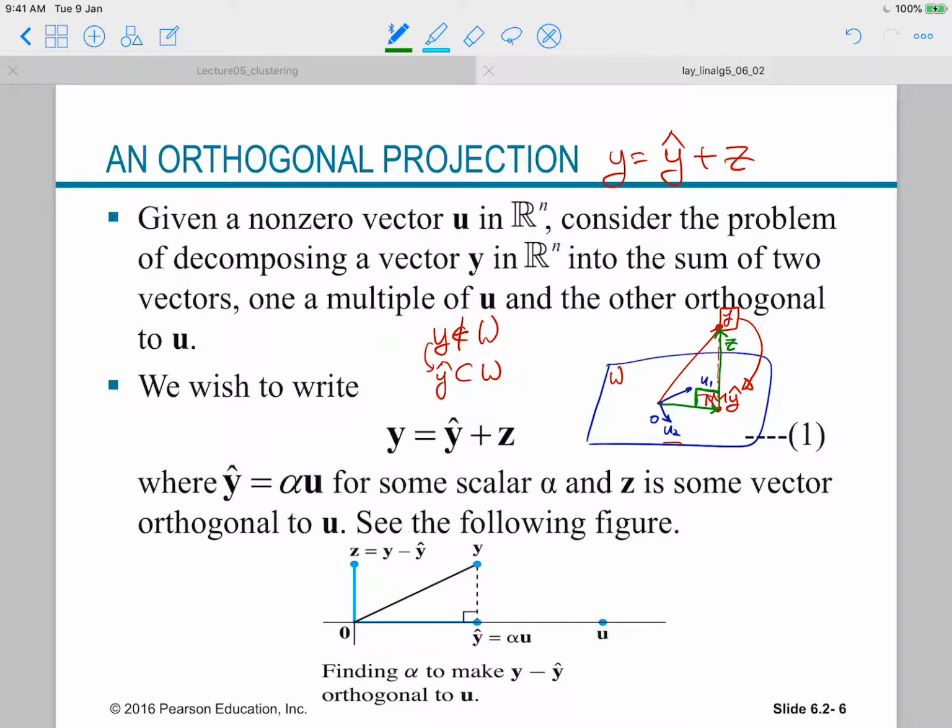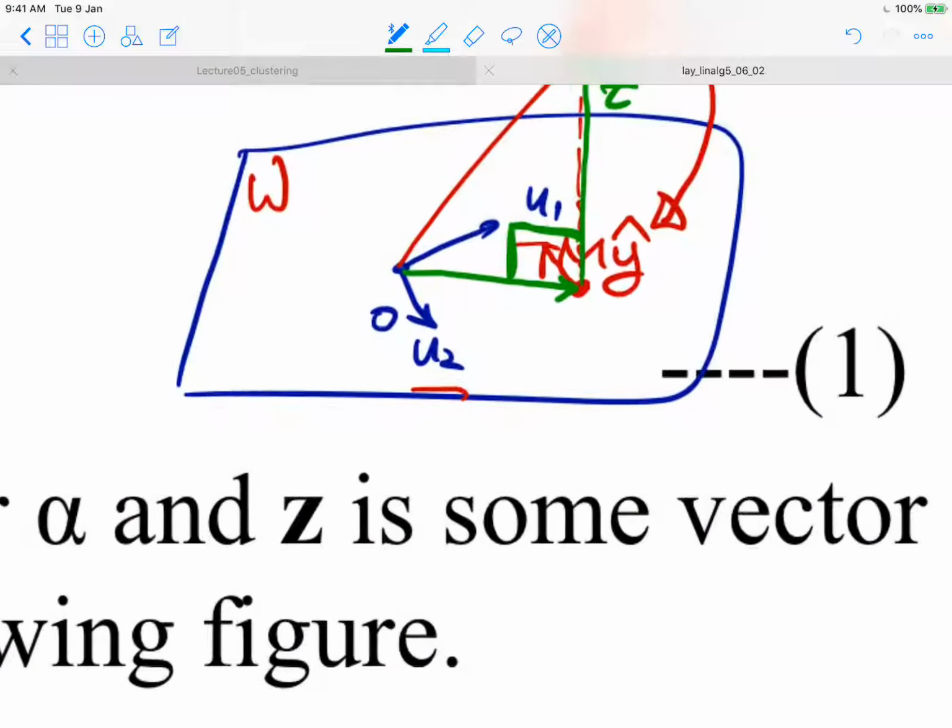Let me just give a conclusion. How can we obtain this y hat, the orthogonal projection to the subspace W, where W is spanned by orthogonal basis vectors u1 and u2, for example?